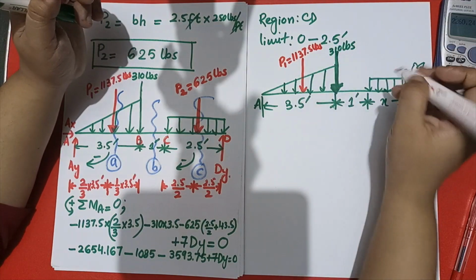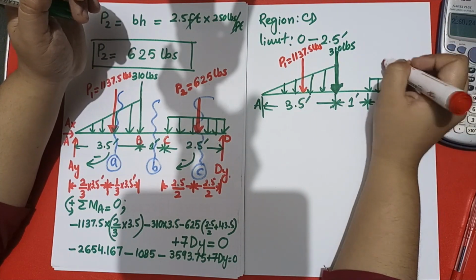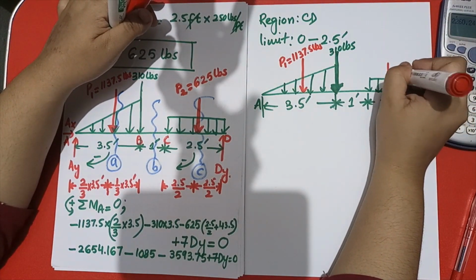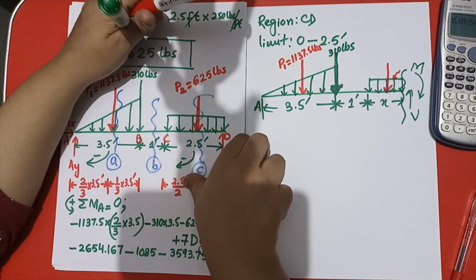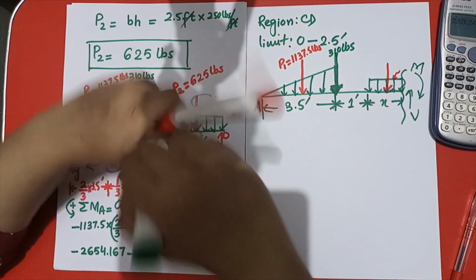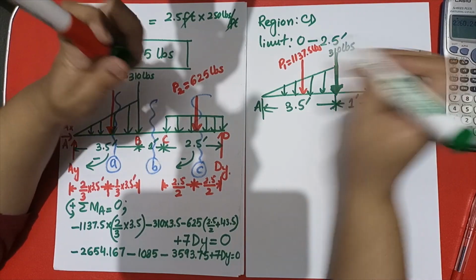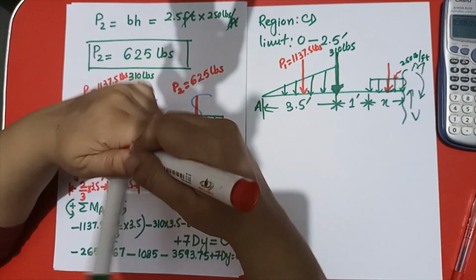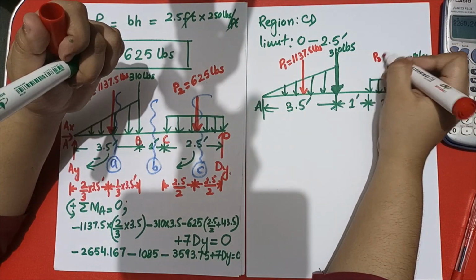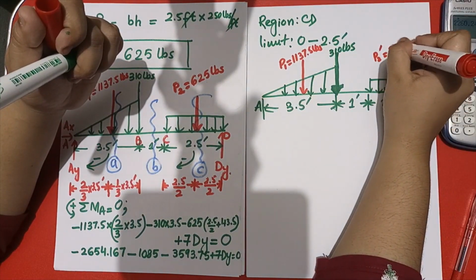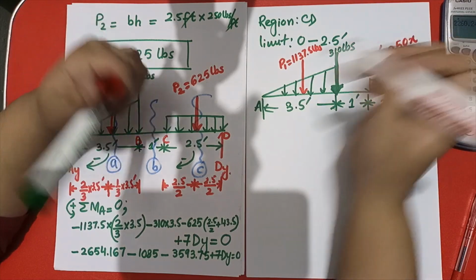1137.5 pounds. Now it will be converted into W. Here is W. This is 250 pounds, so this is 250 pounds per feet. So it will be multiplied with X. So P2 dash will be equal to 250X.